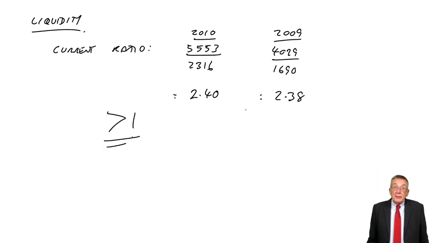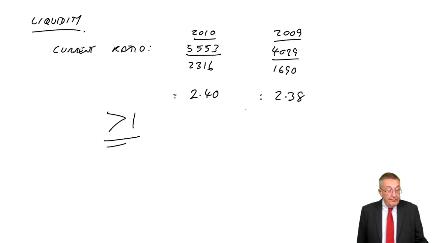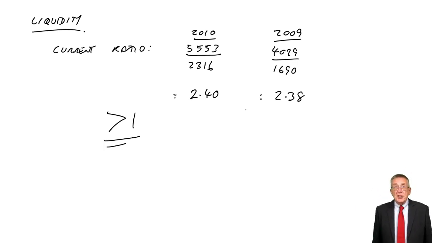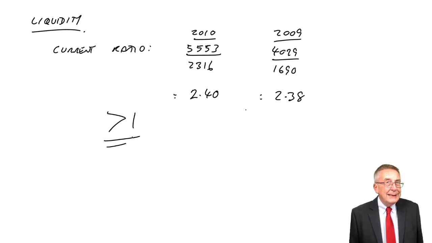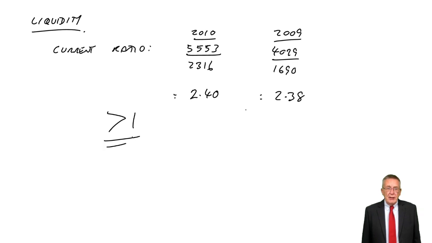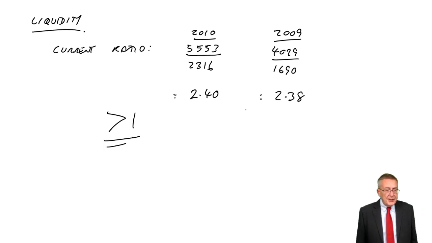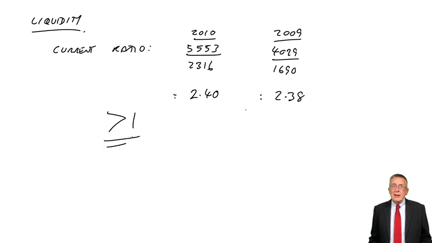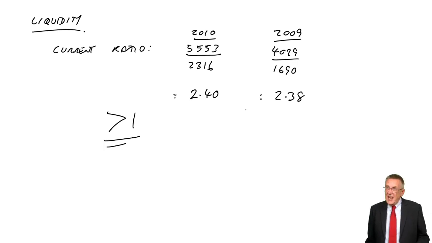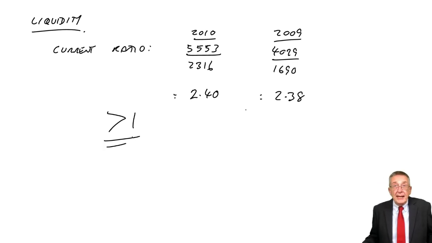Here, 2.40 obviously doesn't appear to be any problem in the short term. And it's hardly changed since last year. If it gets very high, then it could be rather inefficient. Very high would be suggesting that they're keeping very large levels of inventory. And the danger with that is they might end up never selling them, if they've got too much.